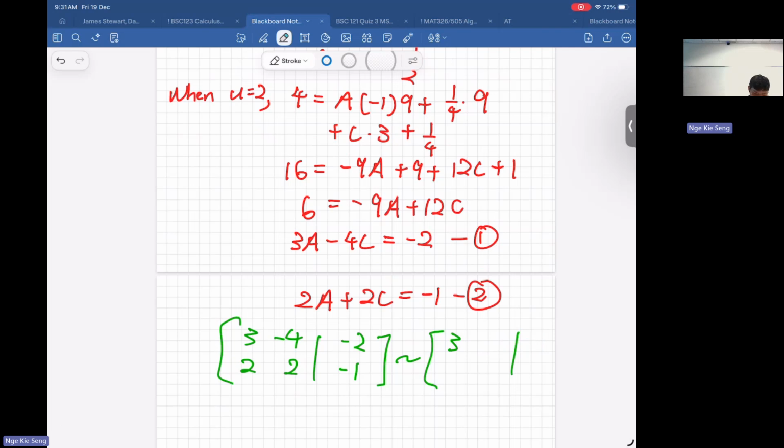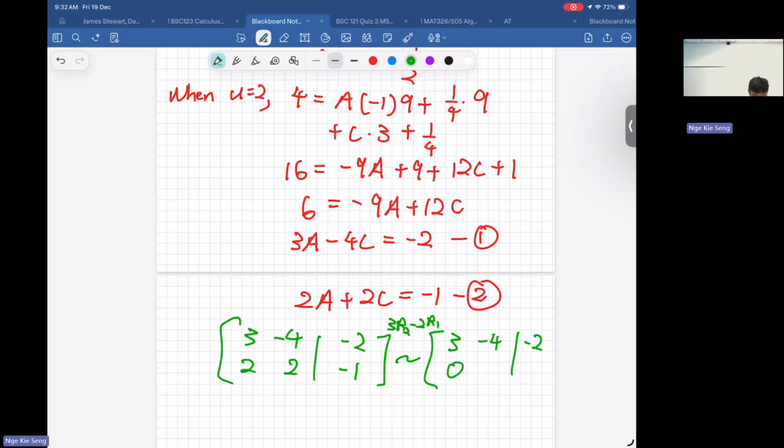So let's do which first? Let's do step by step. So I need to make 3 a pivot. So I do 3 times row 2 minus 2 times row 1.